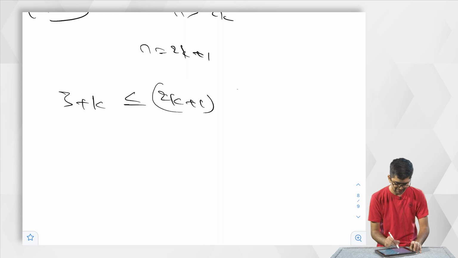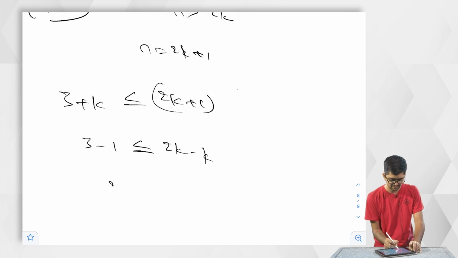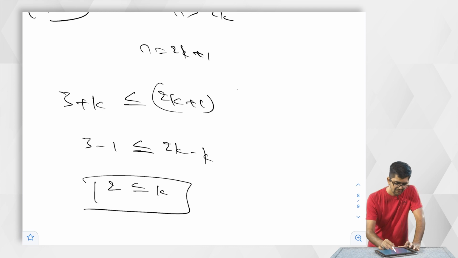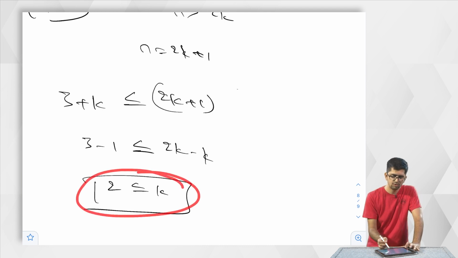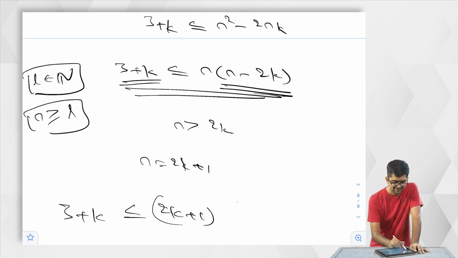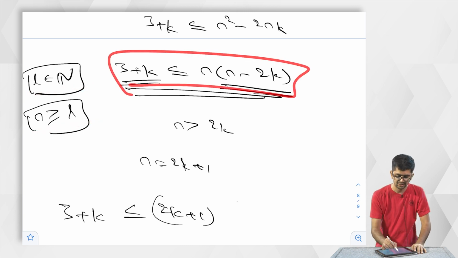This is something like saying 3 minus 1 less than or equal to 2k minus k, this is 2 less than or equal to k. So whenever k is greater than or equal to 2, this is always true. Then there is an element L belongs to n such that whenever n is greater than or equal to 4, we have this inequality.